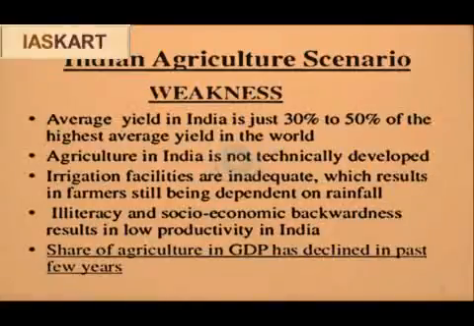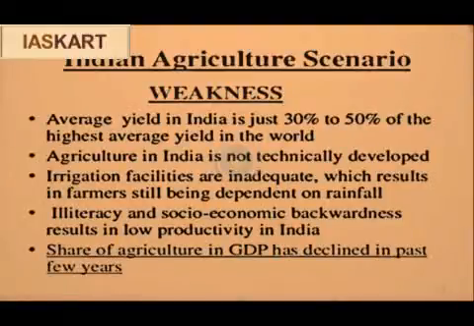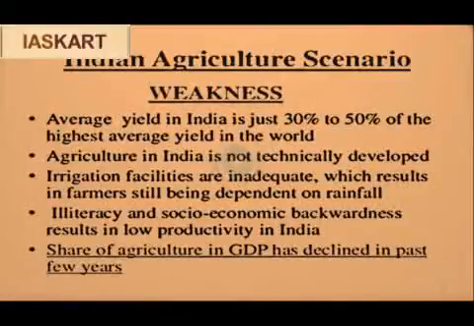Irrigation facilities are inadequate, and this results in farmers still being dependent on monsoon rainfall. Illiteracy and socio-economic backwardness are the reasons for this low productivity in India. The share of agriculture in GDP has been declining in the past few years, and it is the service sector and the industry sector which are progressing.